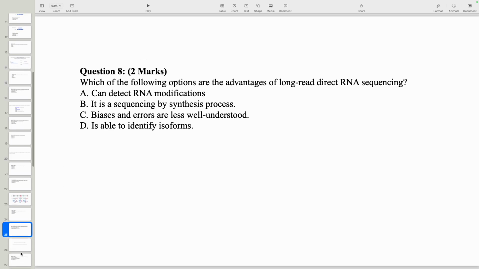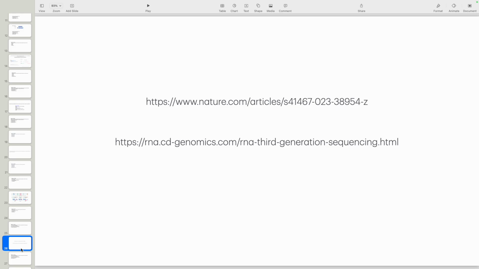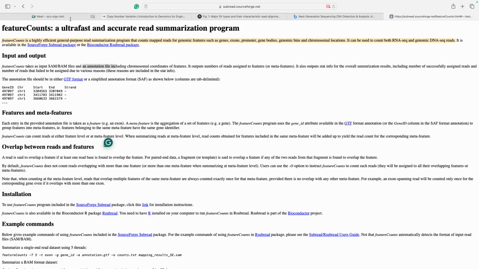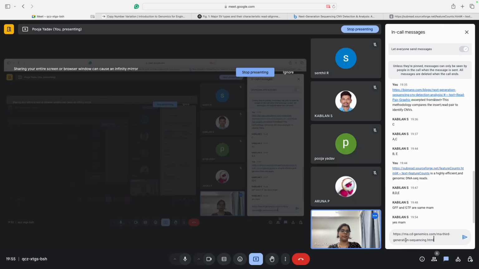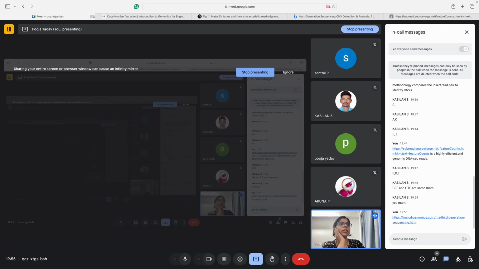Please go through this question. I'll share the link for direct RNA sequencing. You can go through this link and read about how long read direct RNA sequencing is done.